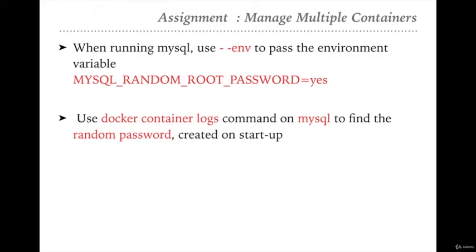So let's start. I am on my terminal and I will execute the command docker container run -d to start the container in the background, -p for the port 3306, and inside the container the port will be the same, 3306, right?